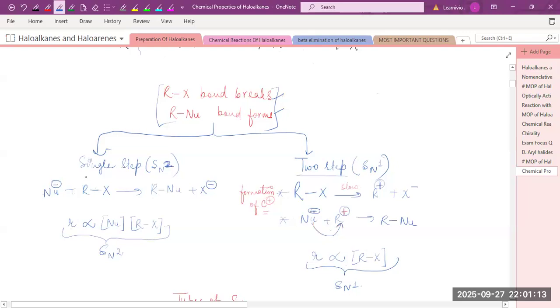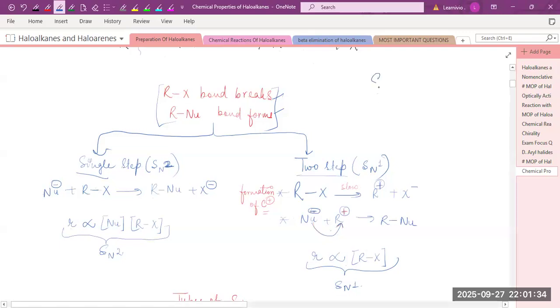So just remember, if it happens in a single step, it's SN2, not SN1. Just the opposite you have to remember. If both occur in a single step, meaning the breaking of the bond and the formation of the new bond with the nucleophile both take place in a single step, it is known as SN2 reaction.